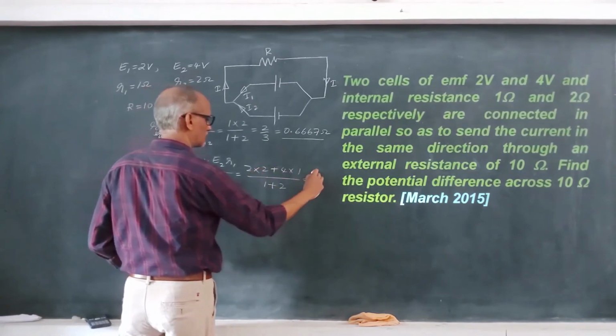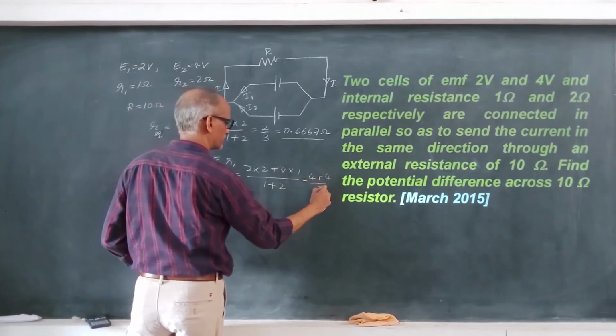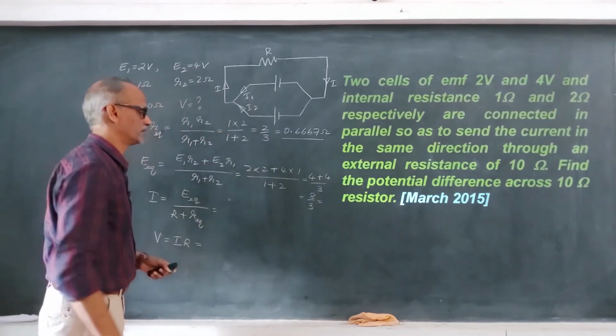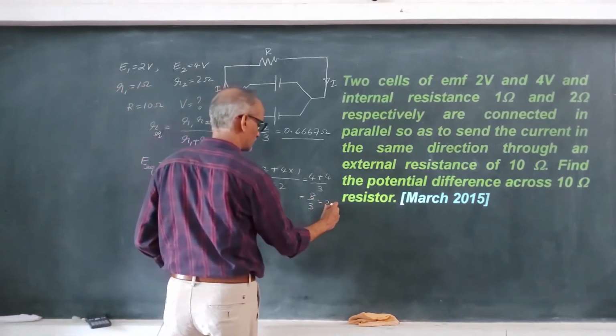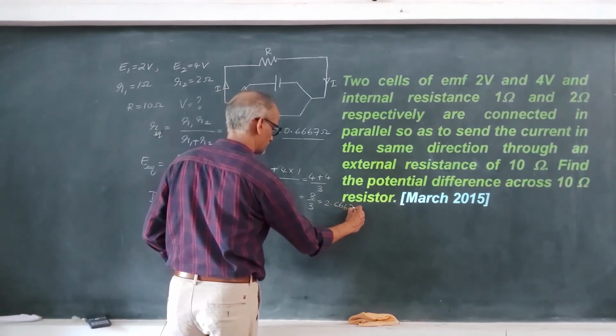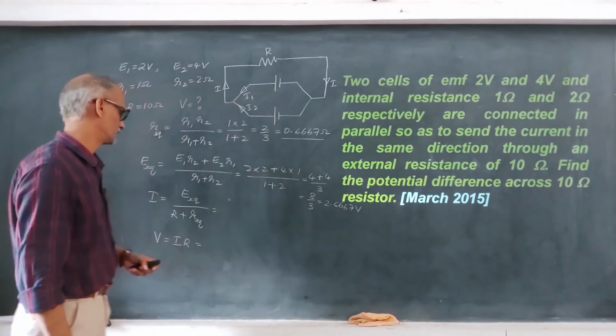So, that is 4 plus 4 here by 3. That is 8 by 3, which is 2.6667. We are finding the EMF, so we get it in volt.